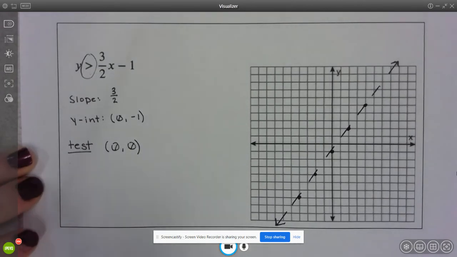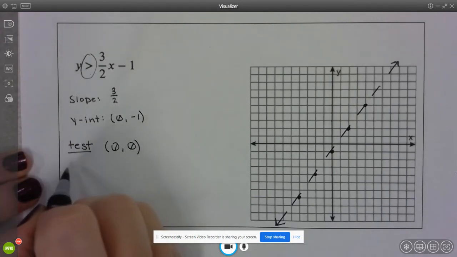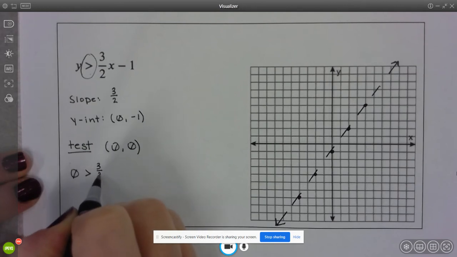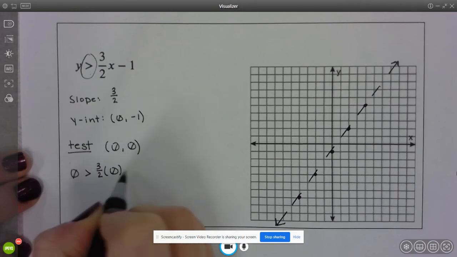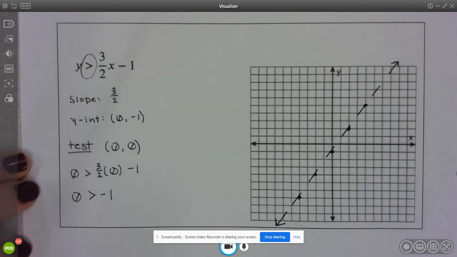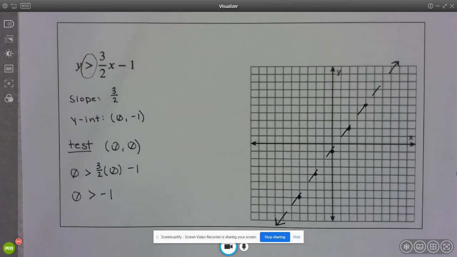And if (0, 0) works and makes a true statement, then that tells me that's part of the solution. So I'm going to substitute in 0 for x and 0 for y. Well, 0 is in fact greater than -1. That is true. So (0, 0) is part of the solution.